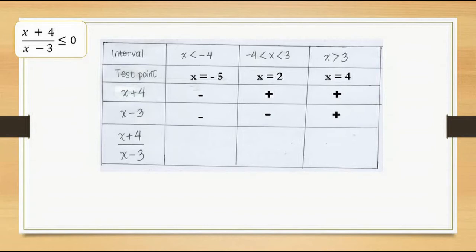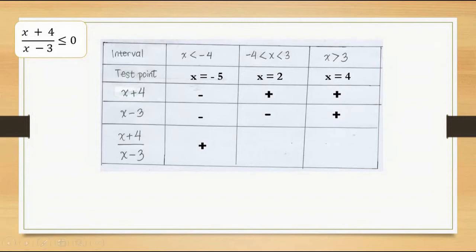Okay, next one is below, on the row for (x + 4)/(x - 3). In this part, take note of the signs on the upper rows. Negative divided by negative is positive.